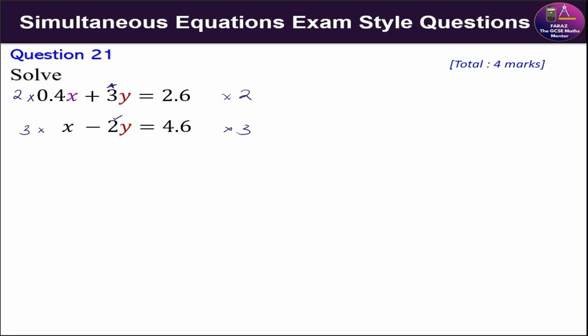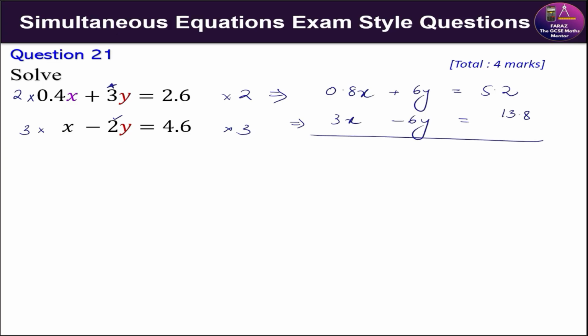Now what will it become? 2 into 0.4, that would give me 0.8x, and 2 into 3, that is 6y, equals 2 into 2.6, that would give me 5.2. And therefore we have in the second equation 3 times x is 3x, and then 3 times minus 2y is minus 6y, and 4.6 times 3 equals 13.8.